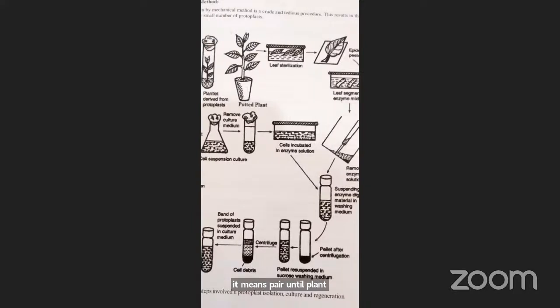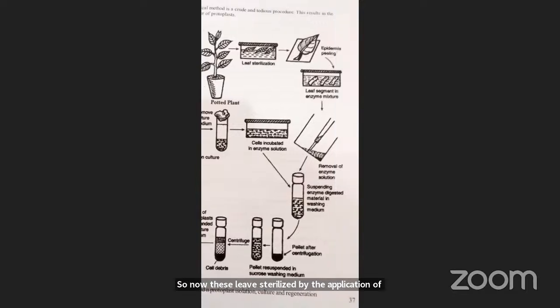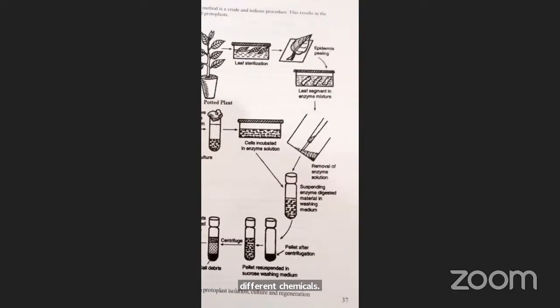Now the second image, leaf sterilization, which means the explant that is taken is the leaf. Now this leaf is sterilized by the application of different chemicals. The next, third image, epidermis peeling. In the fourth image, leaf segments in enzyme mixture.